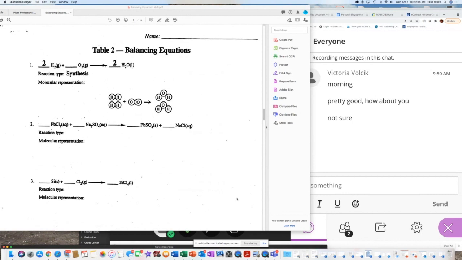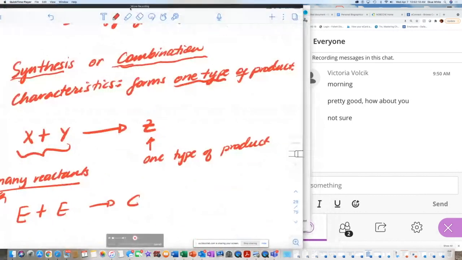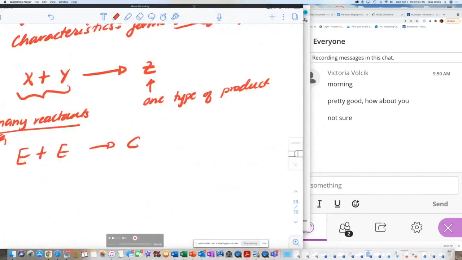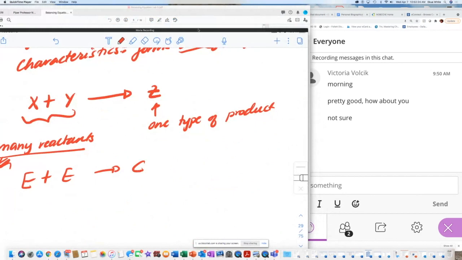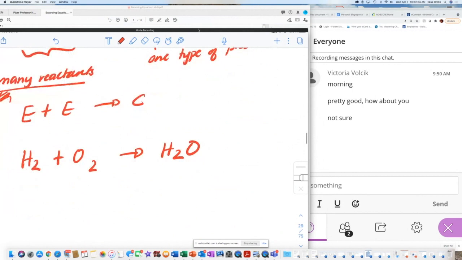Let me tell you why this first one here is synthesis, right? In the first one, we were making water. We had H2 adding to O2 to give you H2O. This is an element.